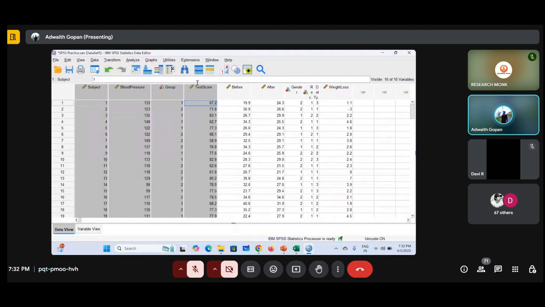Ordinal variables are those variables which are meant to be ranked. A classic example of an ordinal variable is the Likert scale. The Likert scale is something we use in behavioral sciences to know people's perception and how people react to certain things.